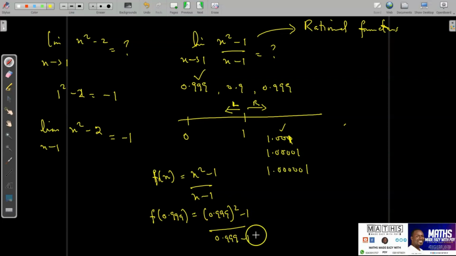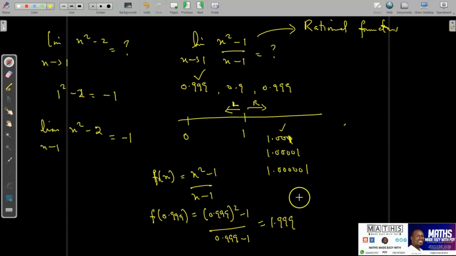Please operate this on your calculator for me and tell me what the answer gets to. The answer is 1.999. Okay, so this is what you've obtained, right?